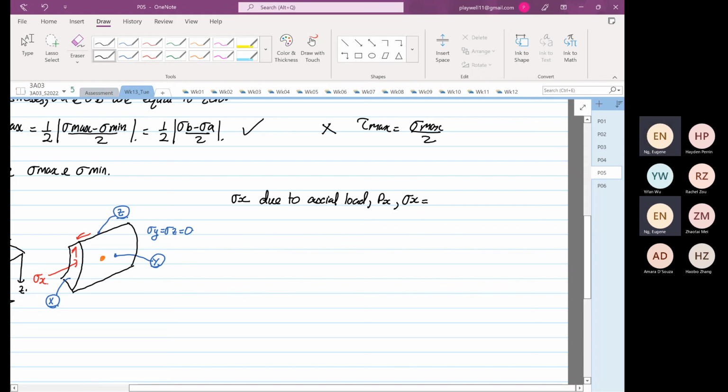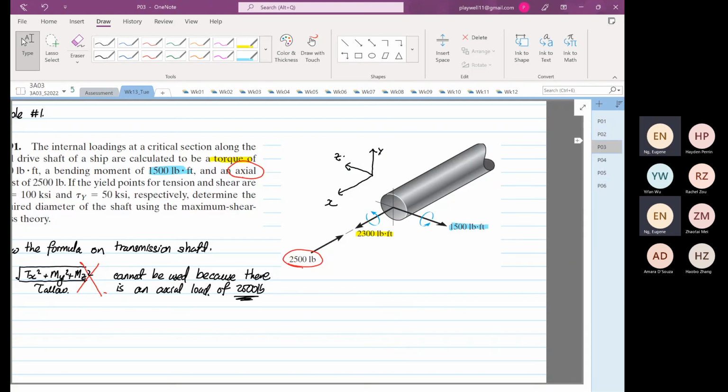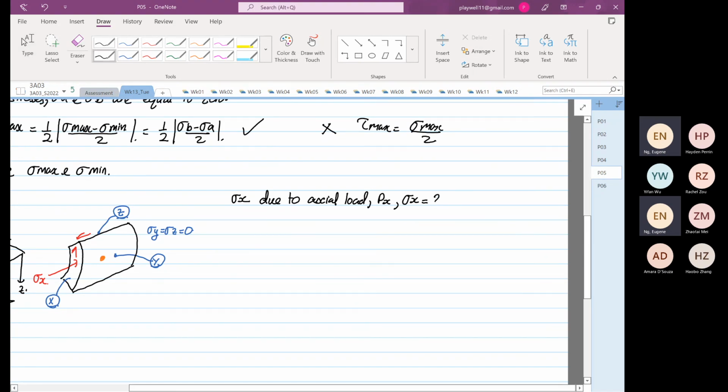If we look at our question, Px is equal to 2,500. And we have to put a negative sign, so minus 2,500.